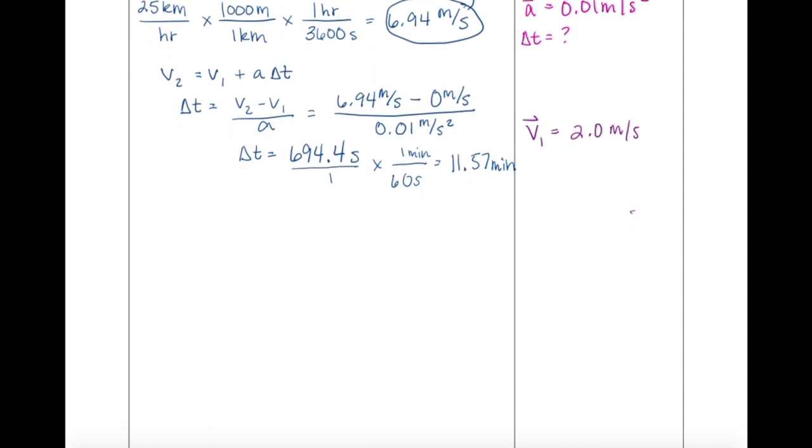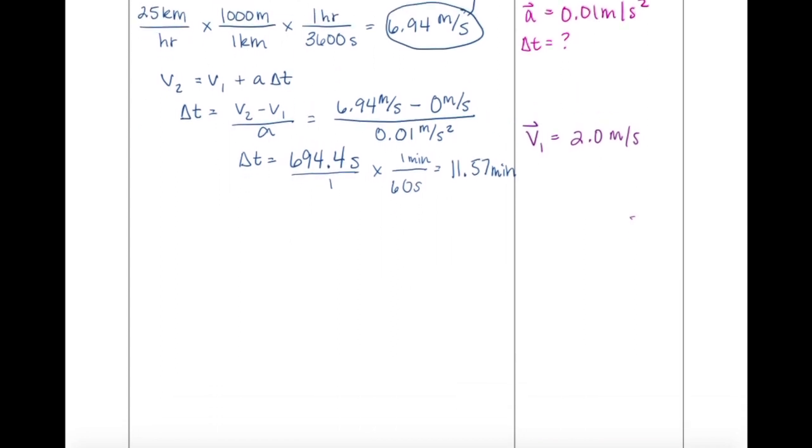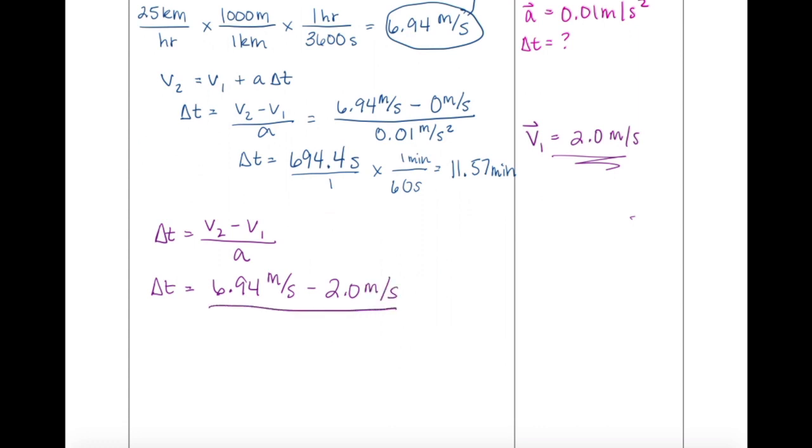Okay, so we're going to be using the same equation. So luckily I already solved for delta t equals V2 minus V1 all over A. So plugging in the known values, we get 6.94 meters per second minus our new initial velocity, which is 2.0 meters per second, all divided by our acceleration, which is 0.01 meters per second squared.